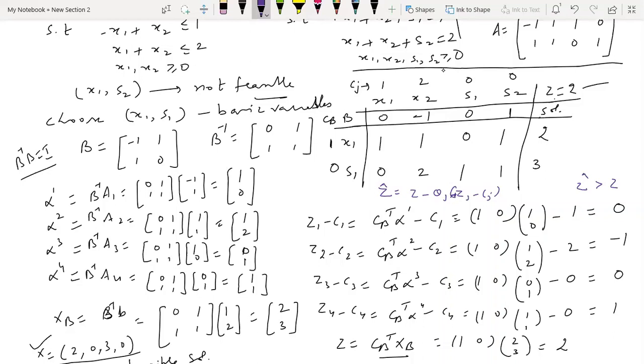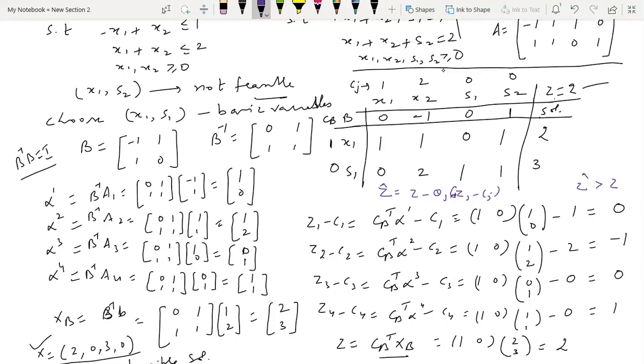So this is possible only if there is some zj minus cj which is negative, because the present value is 2, and theta j, as I told, is always a non-negative quantity. So if I add some quantity to z, I get z hat. But how can I add? That is possible only if zj minus cj is negative. So minus minus plus.